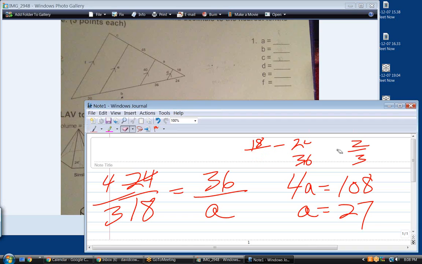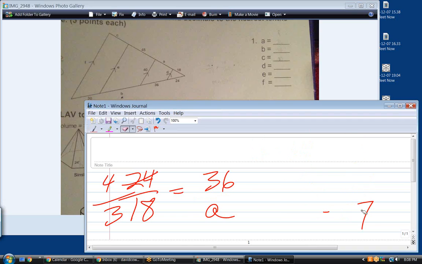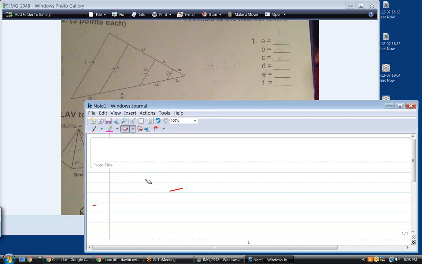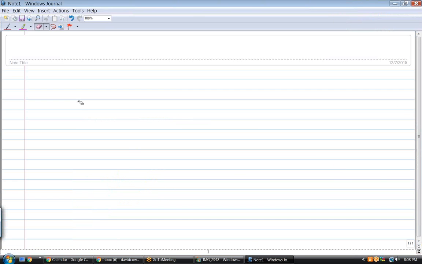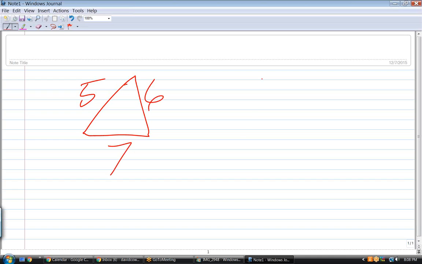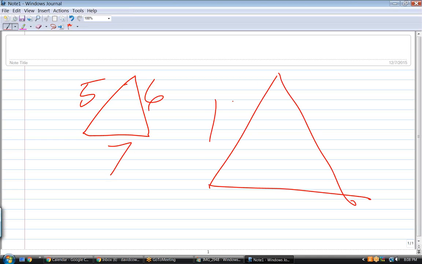Okay. Let me just say something about this that might be confusing. I find that this principle confuses a lot of people. I have two similar triangles.